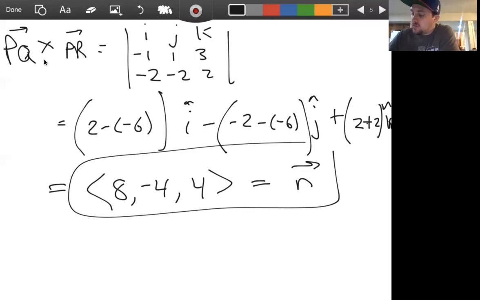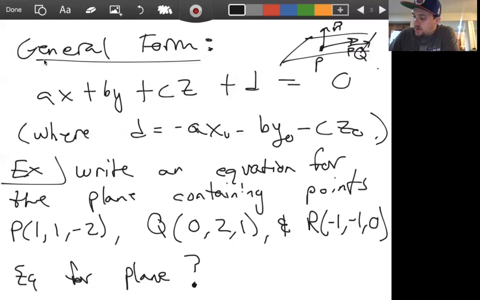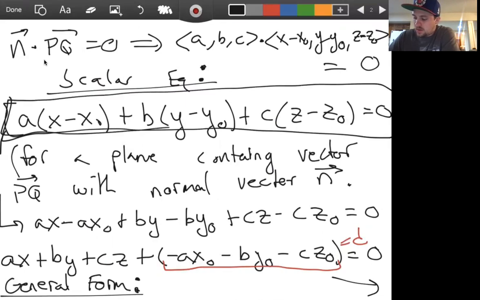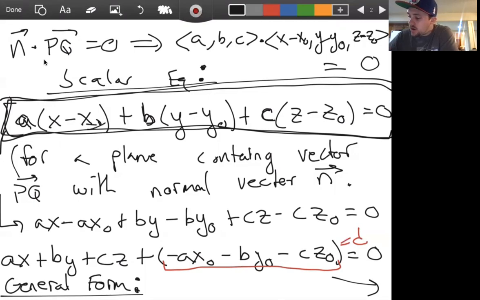And we can look back to our equation here, the scalar equation that we derived at the beginning of the video, where we just plug in the normal vector A, B, C, and base point P, which is x0, y0, z0.